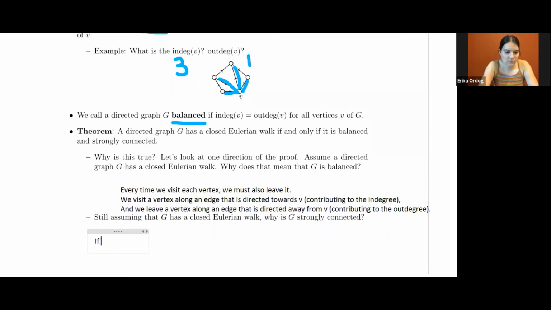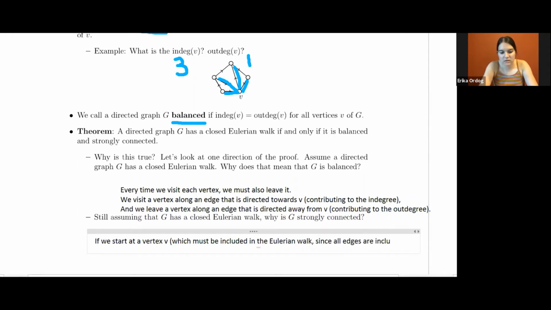So if we start at a vertex V, which must be included in the Eulerian walk since all edges are included, we can follow the closed Eulerian walk until we get to any other vertex W.